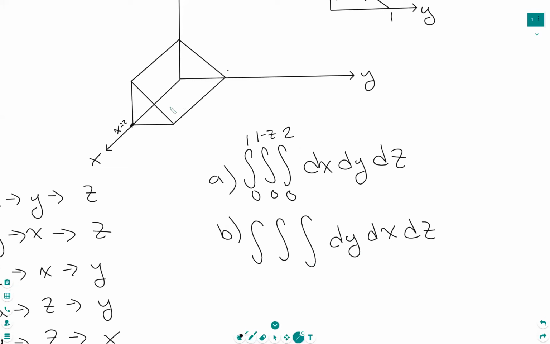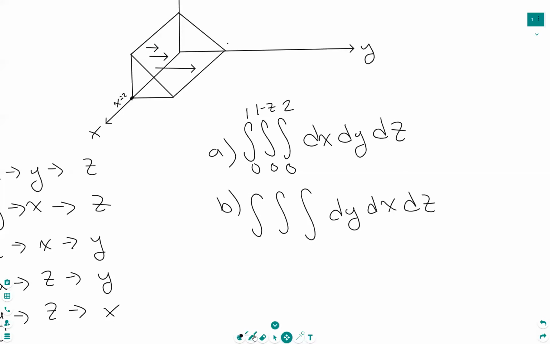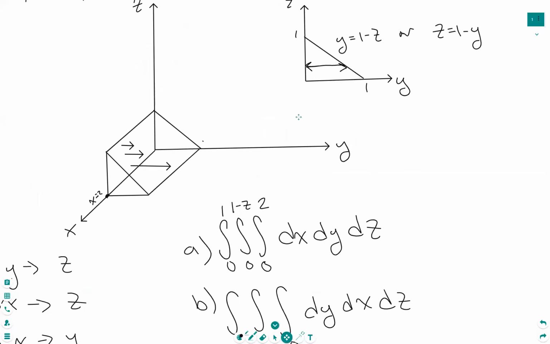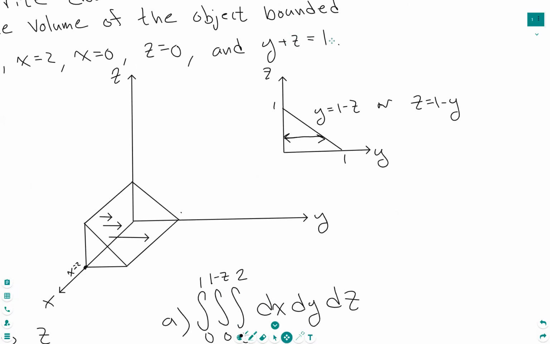Y goes from here all the way out to the plane. So that means we go from 0 to that plane equation, but that plane equation was just y plus z is equal to 1.